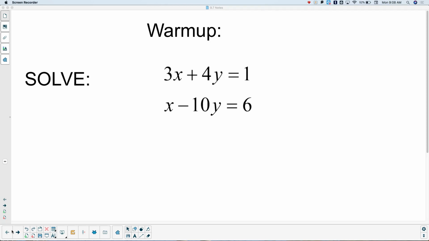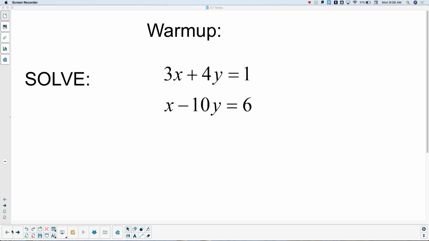Anybody remember? We could graph the 2 lines and see where they intersect. Where the 2 lines intersect, that's the solution of what x is and what y is.